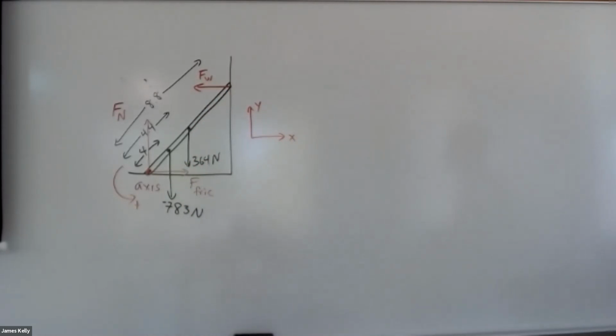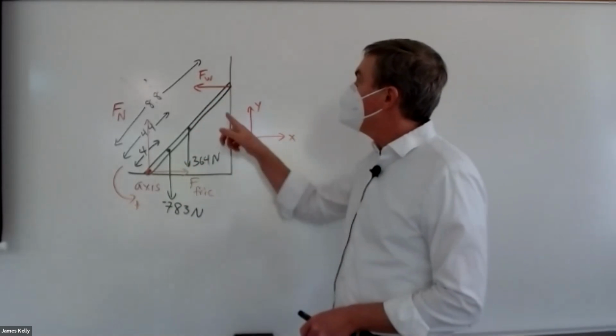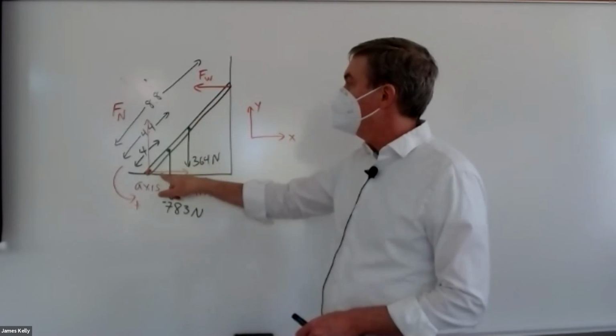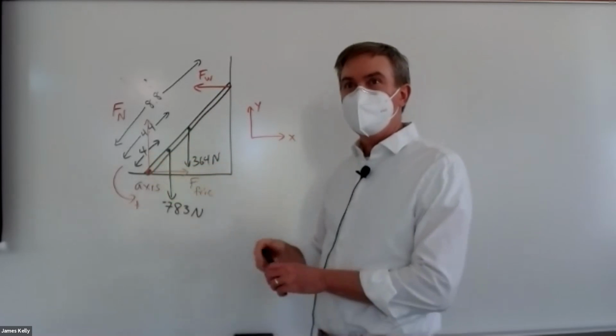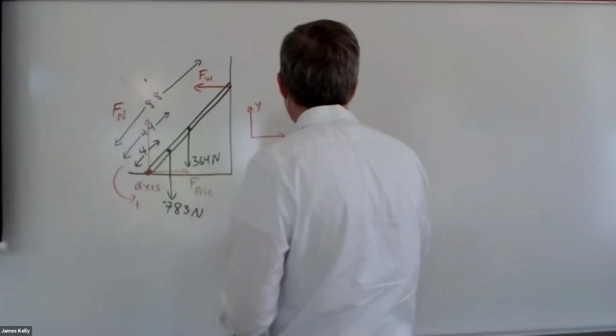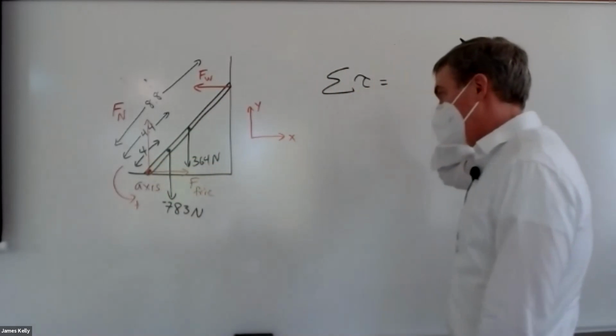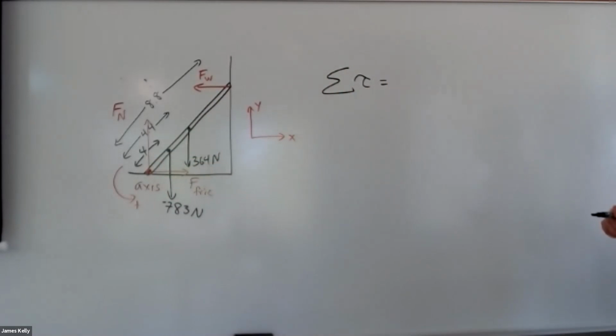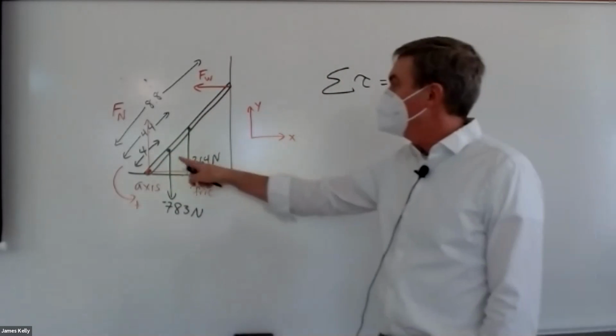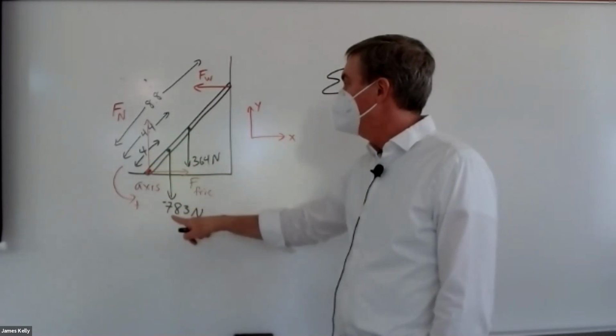Yeah, the torque equation, because the 3 things I don't know are the wall force and the 2 that aren't going to contribute to the torque. So let's try the sum of the torques about that axis that I've chosen, and set it equal to 0. So this gives 0. This gives 0.